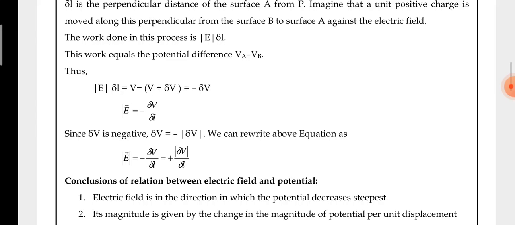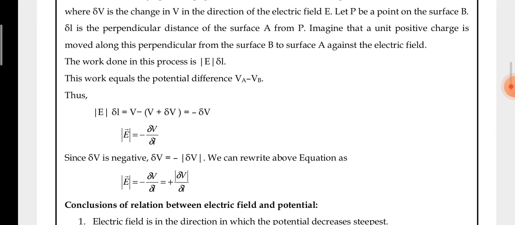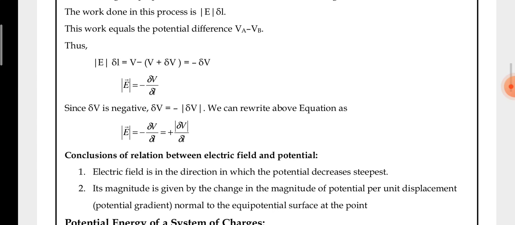So that potential difference, how can we write? E dot delta L is equal to VA minus VB. VA means V, and VB means V plus delta V. On simplification, E is equal to minus delta V divided by delta L.